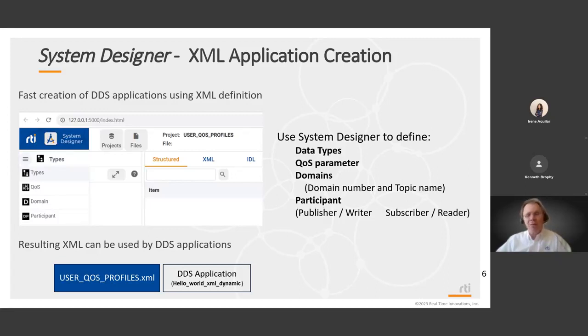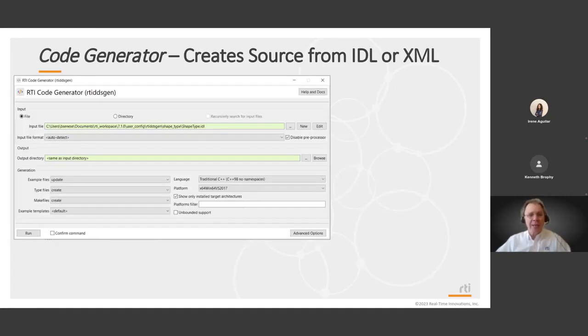That file will be created with data types, QoS, domain, participant information, and be used by your application. Application fires up, and there's your DDS application running for you. So that's what System Designer offers, an intuitive way of designing data sets and data types, QoS files, and the like. It makes it easy.